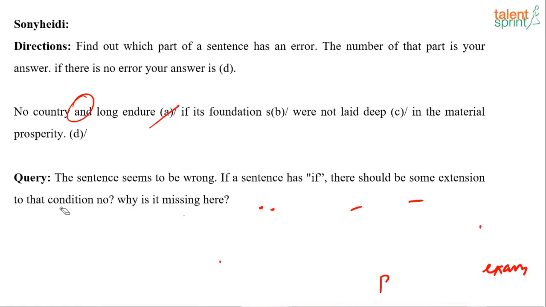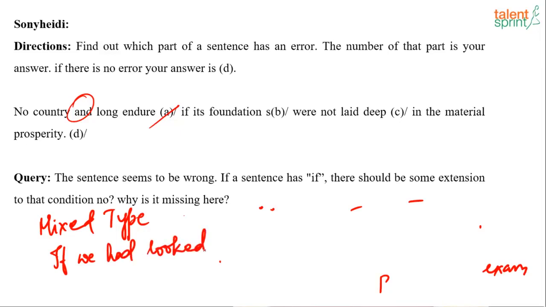The final one that we have is mixed type. The example for mixed type would be: if we had looked at the map, we wouldn't be lost.